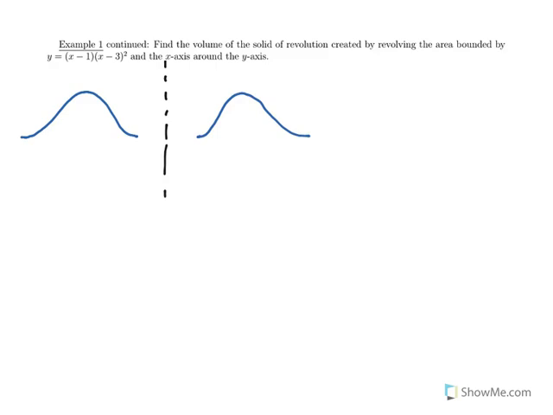And we're looking at one shell of a cylinder. And the shell of that cylinder is associated with some x value. We're just going to call this just x right now. Drawing the rest of the shell.